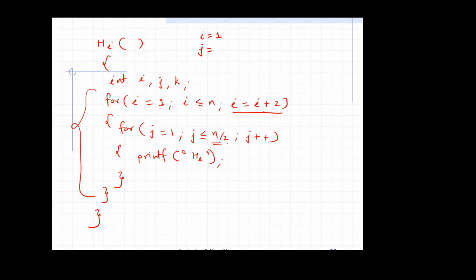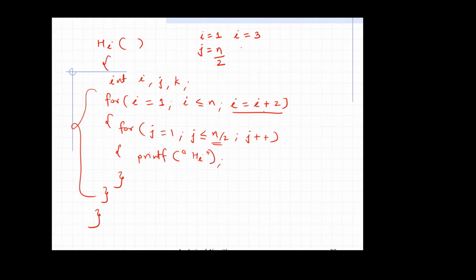It goes up to n by 2. Next time, the value of I is going to be 3. How many times is this going to run? n by 2 times. Again, for every value of I, it is going to run 1 to n by 2.